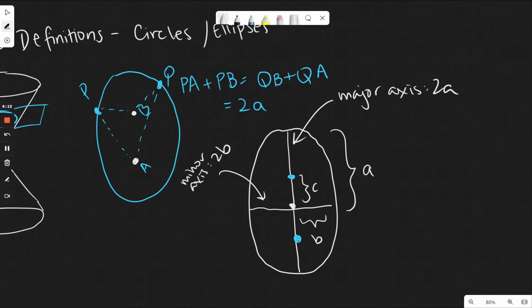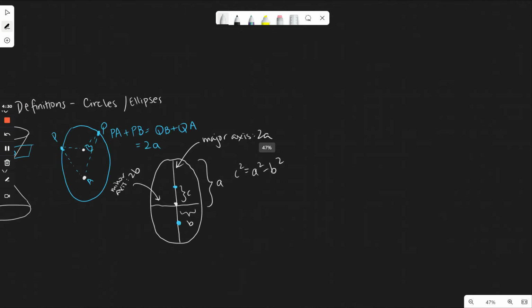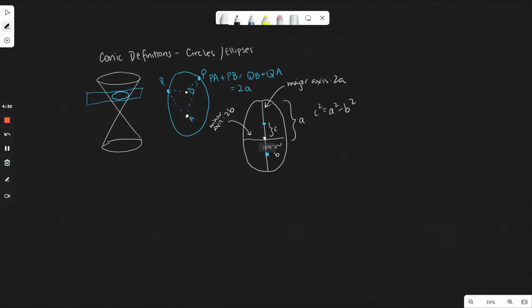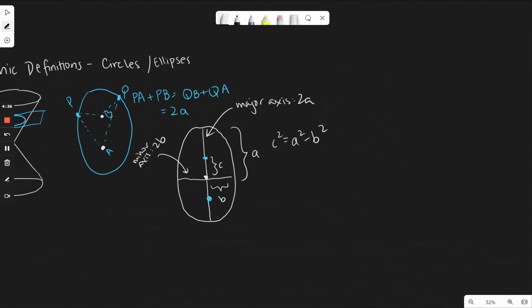And one of the ways we can find c is by knowing the relationship between the length of the major and minor axis. Because we know that c squared equals a squared minus b squared. And in the standard form of an ellipse, which I hope you've learned.